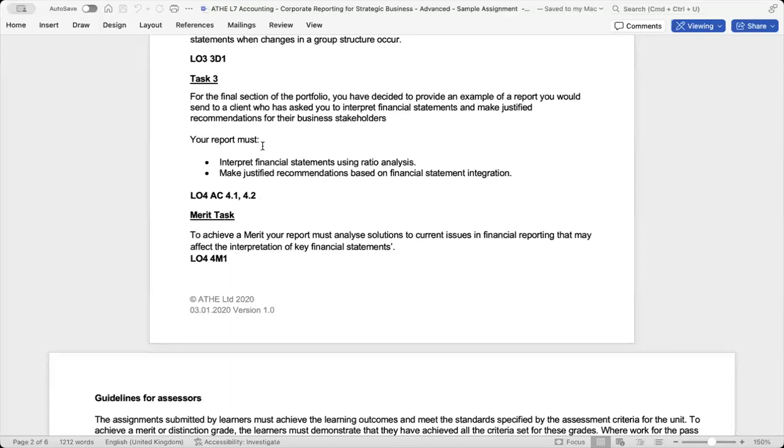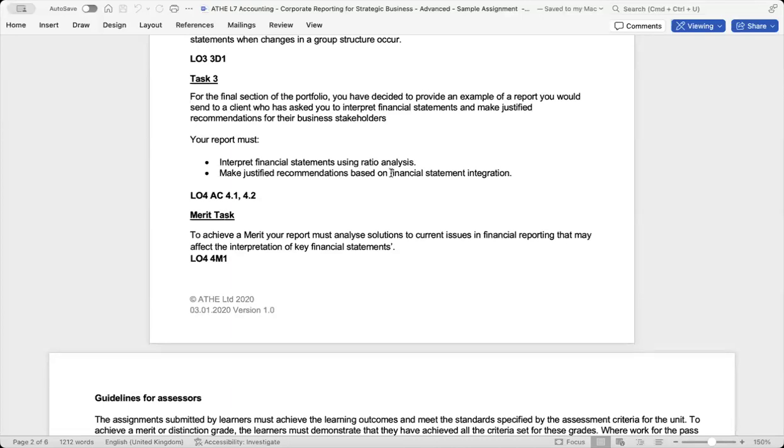The report must interpret financial statements using ratio analysis, and make justified recommendations based on financial interpretations. So you can see learning outcome 4, where you calculate and interpret liquidity ratios and profitability ratios. For task 1, interpret financial statements and ratio analysis.